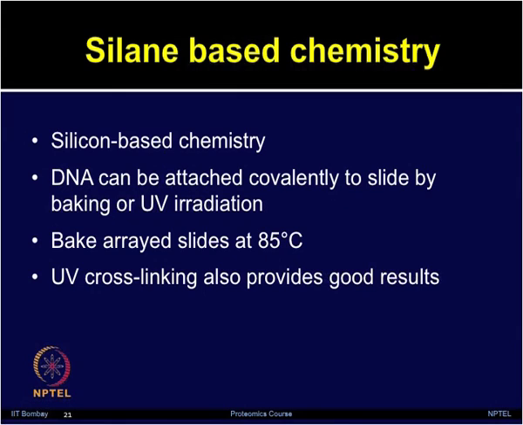One can bake the arrayed slide at 85 degrees. Also, UV cross linking is a popular method which also provides good results for DNA immobilization.